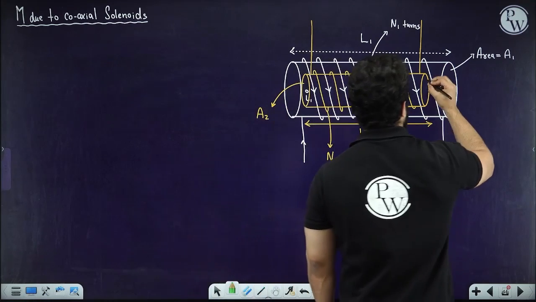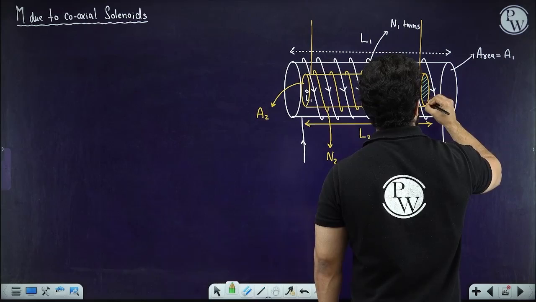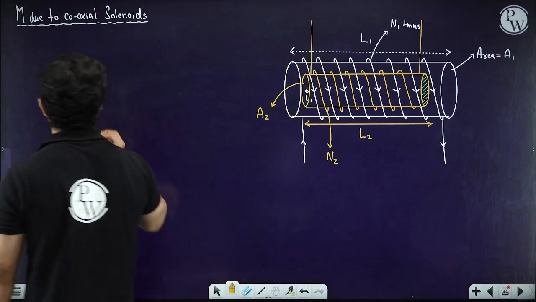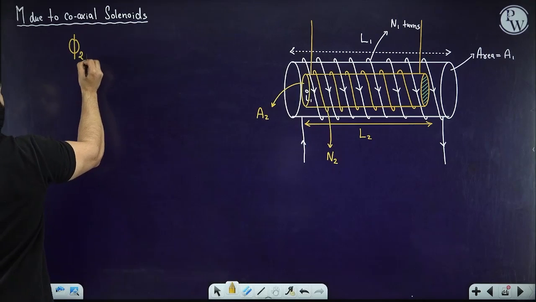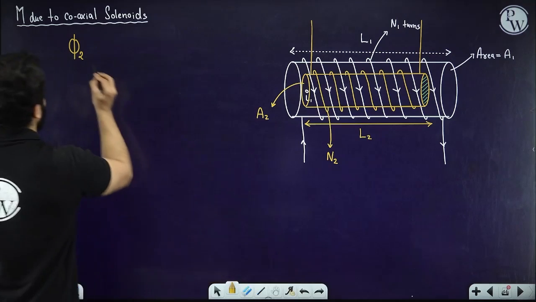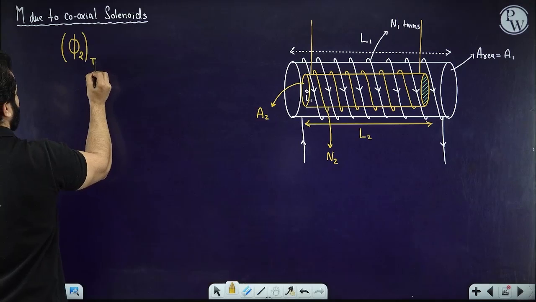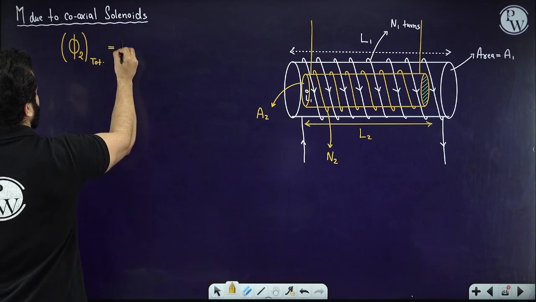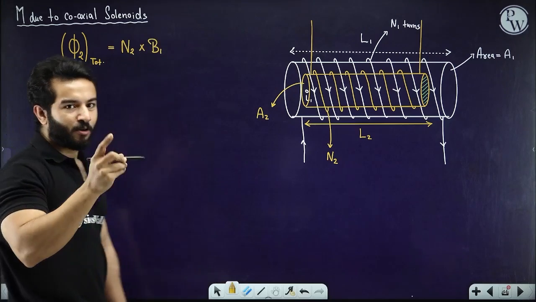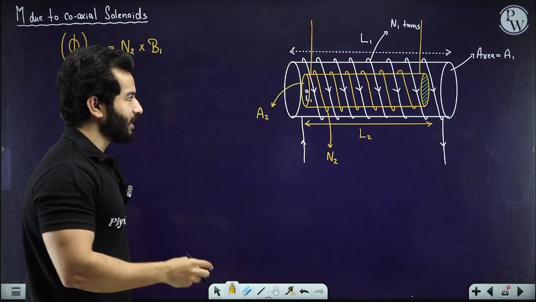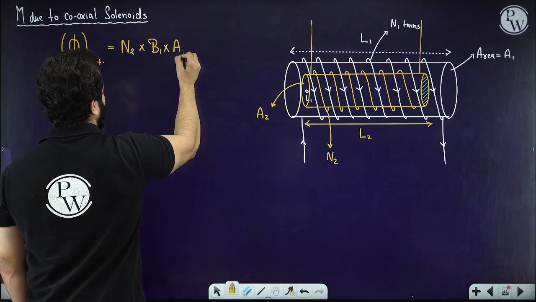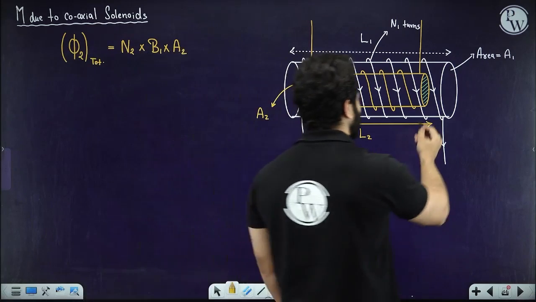If we want to find the flux through this surface, we'll write that the flux linkage with the secondary coil, the total flux linkage, is equal to N2, the total number of turns, multiplied by the magnetic field produced by solenoid 1, because that is what is creating the magnetic field, multiplied by the area, and the area is of the secondary coil, because flux is linked only with this part.